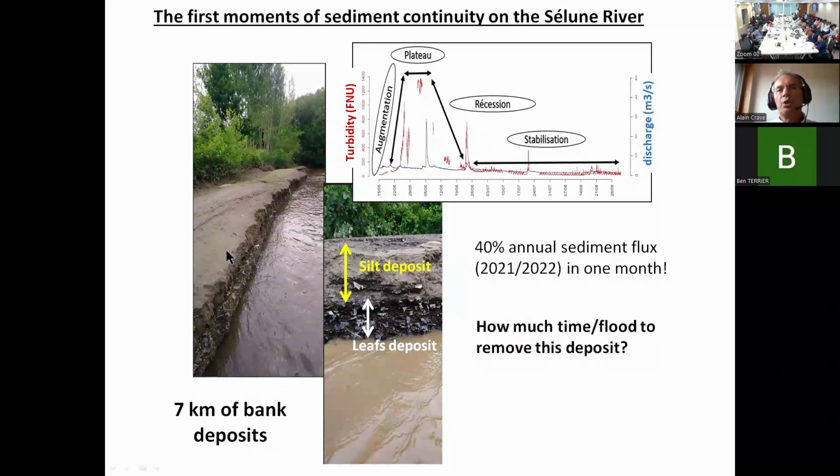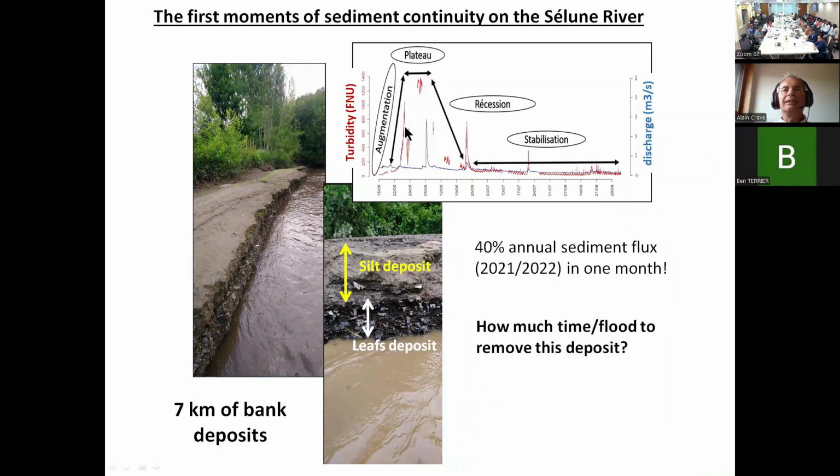This flush didn't happen during a flood. You can see in these pictures the turbidity in red and the discharge in blue. And you can see that the large increase of turbidity happened when there is no flood.